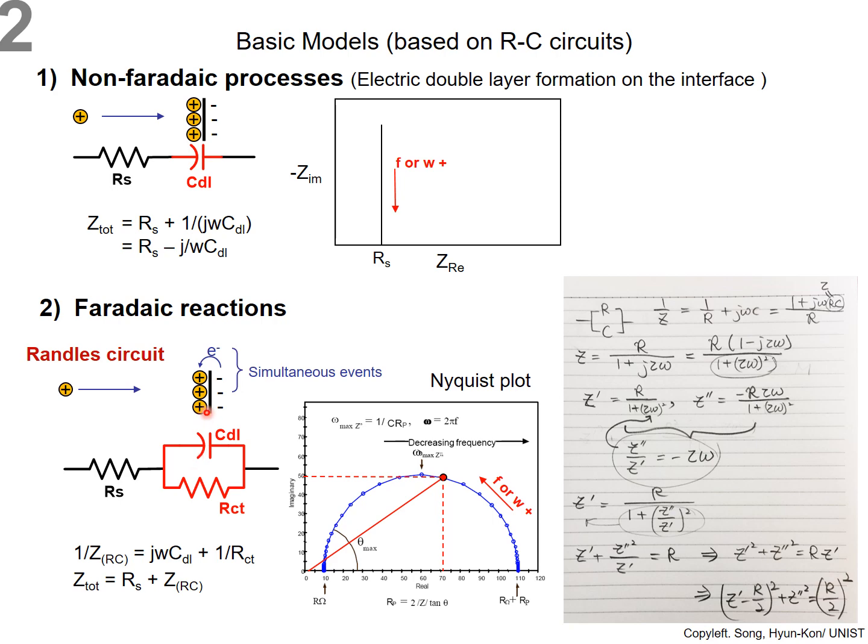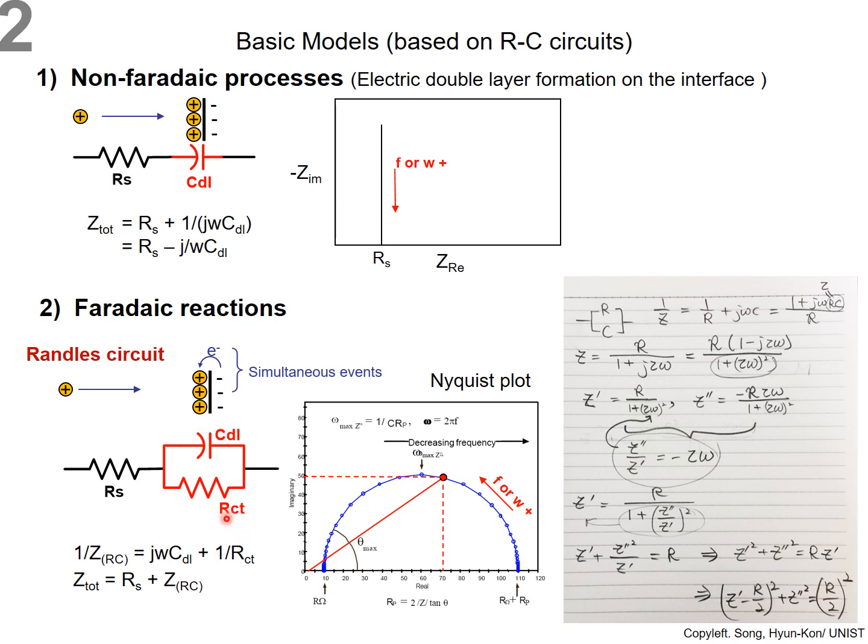One more thing: the cations on the surface get some electrons from the electrode. Then these plus ions are reduced into the reduced species. So those two events, electric double layer formation and the charge transfer process, happen at the same time.